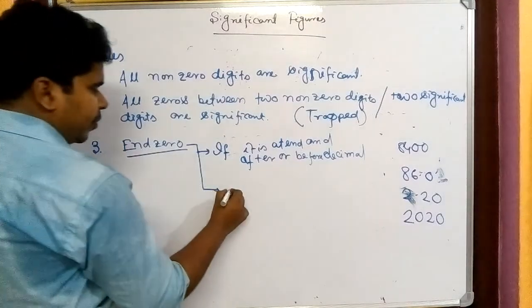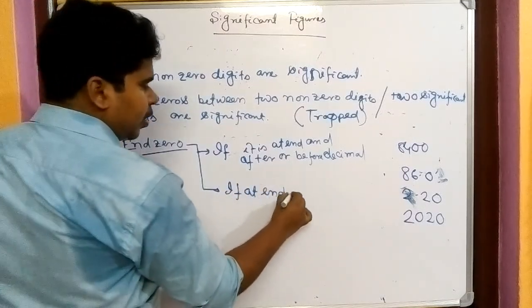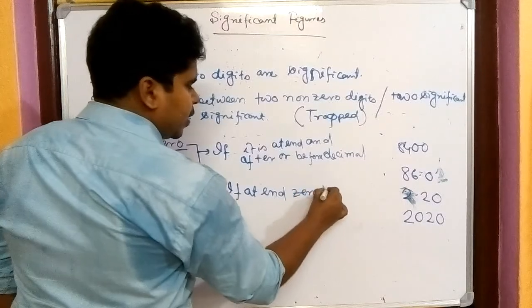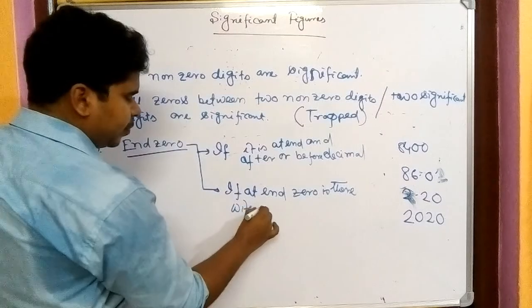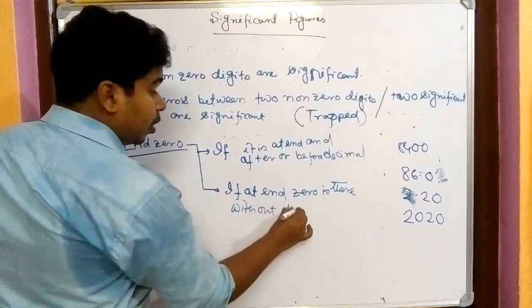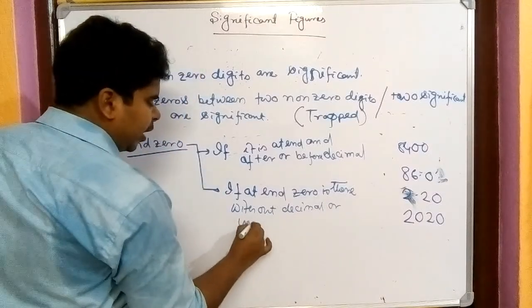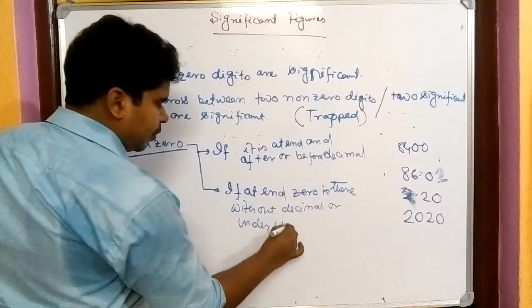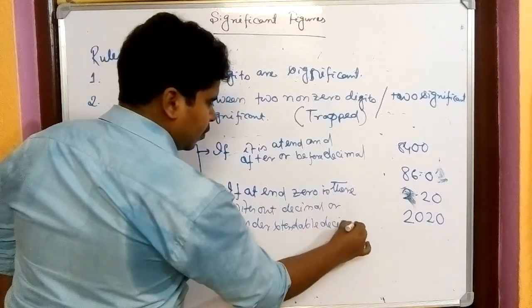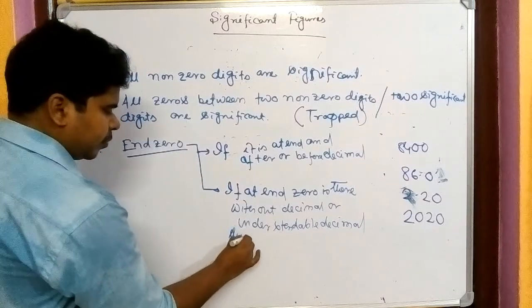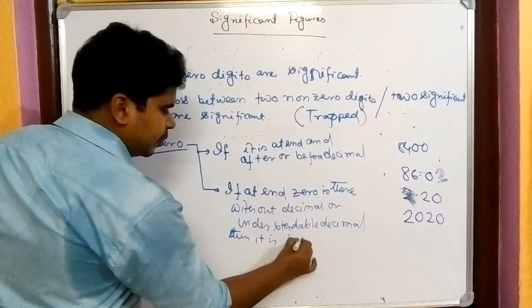And if a 0 is at the end without a decimal, or an understandable decimal, then it is insignificant.